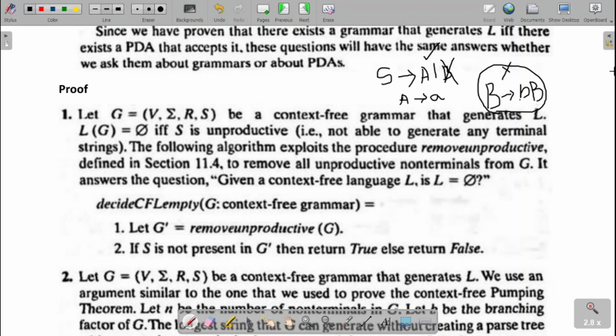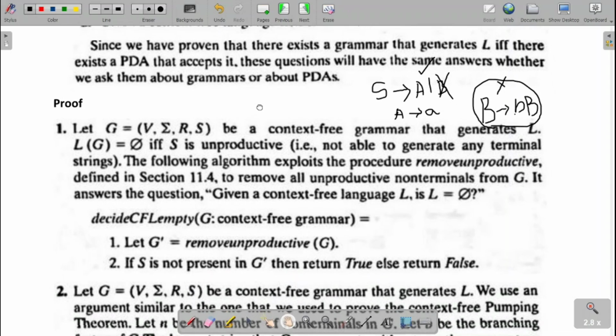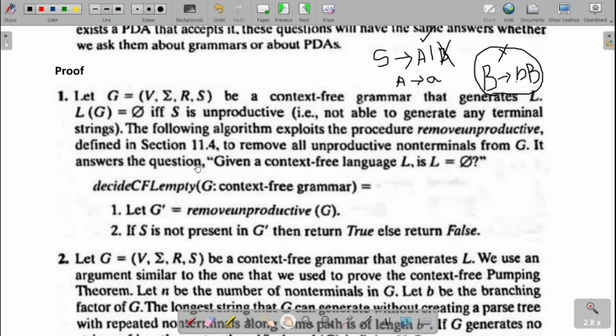That is, we have to first remove all the unproductive productions before making our decision. Before deciding whether there is a language or not, we should first eliminate the unproductive symbols. The next step: if S is not present in G dash, meaning it is not unproductive, and that condition fails, then it is a productive one.